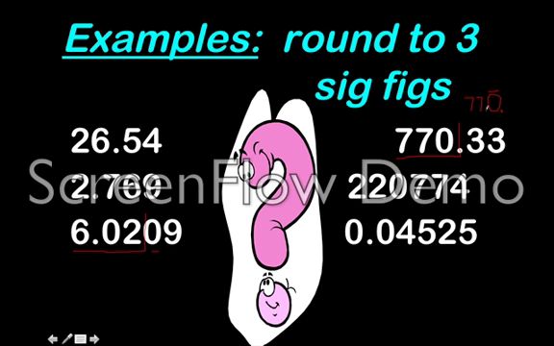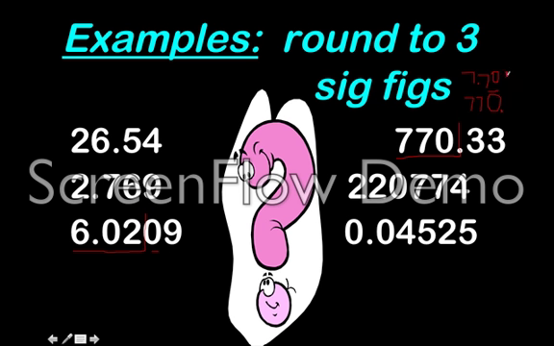So I could write 770 with the bar over the 0, or I could write 770 decimal, or I could write it in scientific notation, in which case it would be 7.70 times 10, well, I ran out of screen room there.